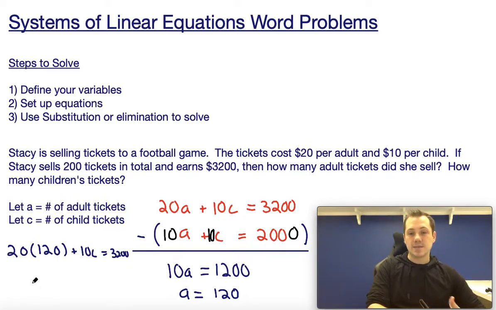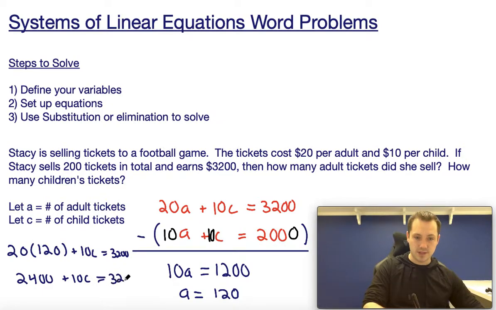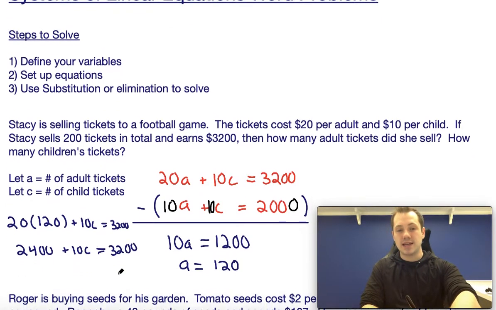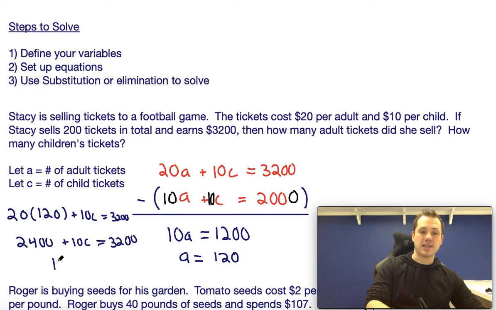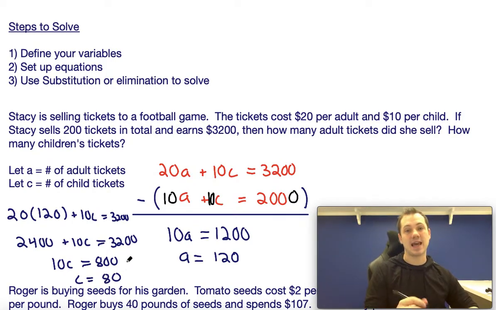Now 20 times 120 is going to be 2,400, plus 10C is equal to 3,200. I subtract 2,400 from both sides, and I have 10C is equal to 800. And then I would find C is equal to 80 after I divide both sides by 10.